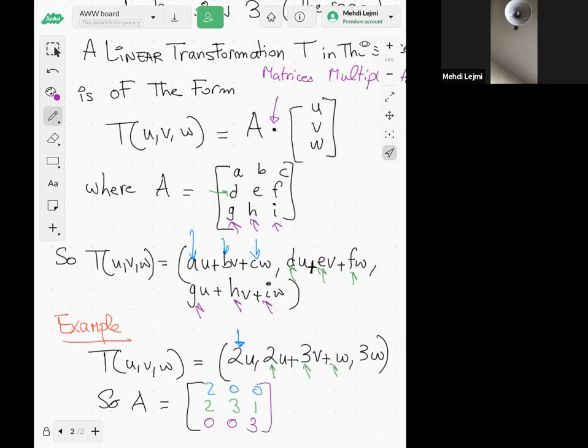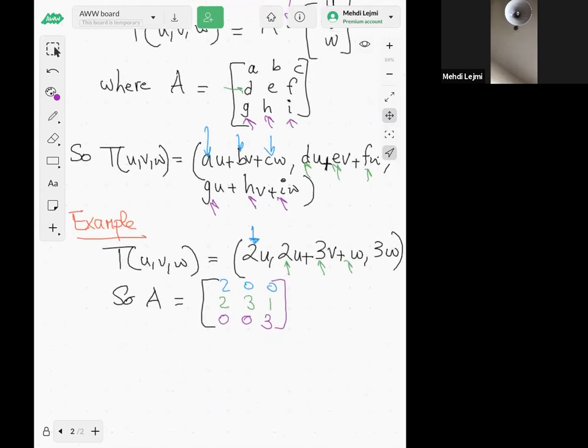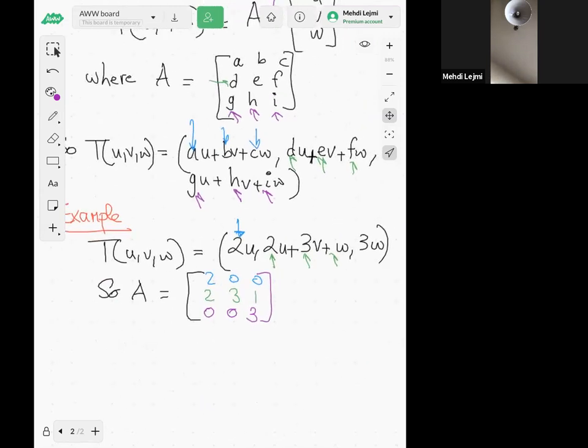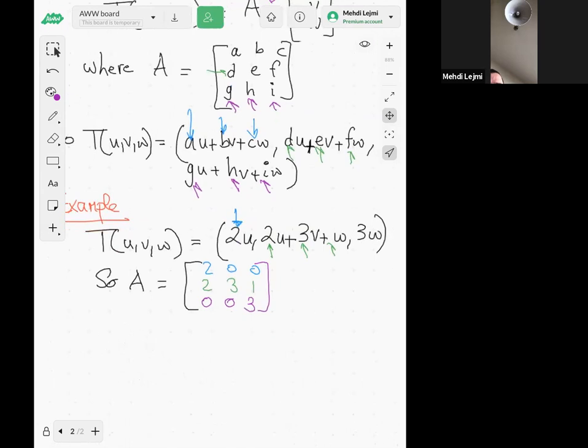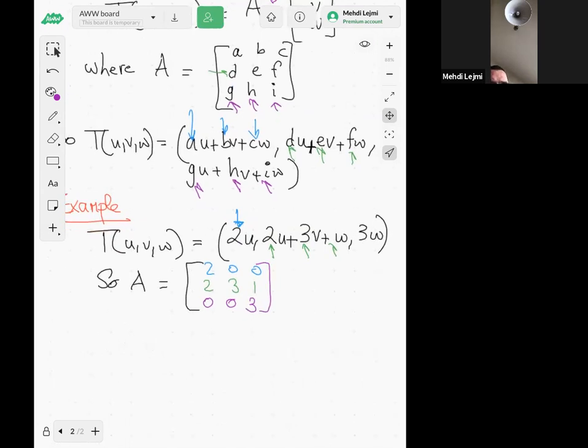And of course, we can talk about the determinant of the matrix. Whenever you have a square matrix, you can always define the determinant. Let me write down the formula for you.